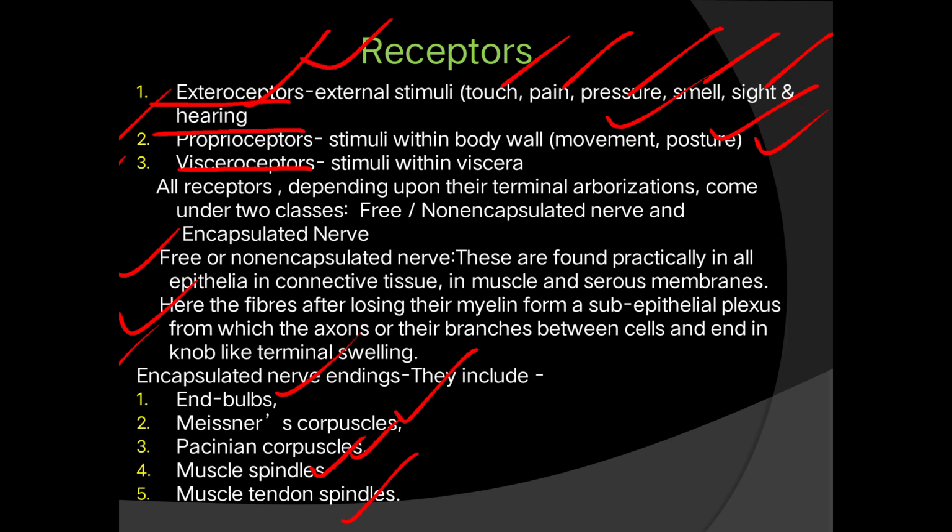So we can divide them according to their terminal arborization into two types: free or non-capsulated, and encapsulated. Free or non-capsulated means naked nerve endings. These are found practically in all epithelia, in connective tissue, in muscle and serous membrane.